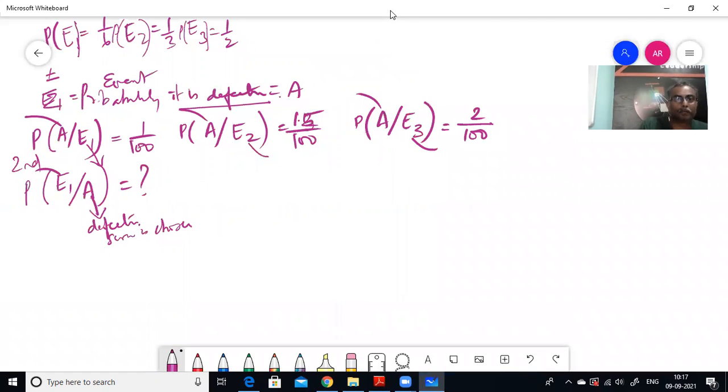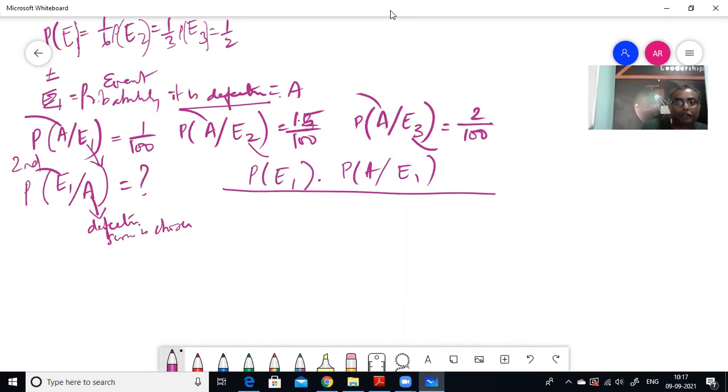Now you know all of this. Then you know P of A given E1 is 1/100. Now what you have to do? P of E1 given A you have to find out. That is equal to P of E1 into P of A given E1, divided by sigma of P of Ei into P of A given Ei.